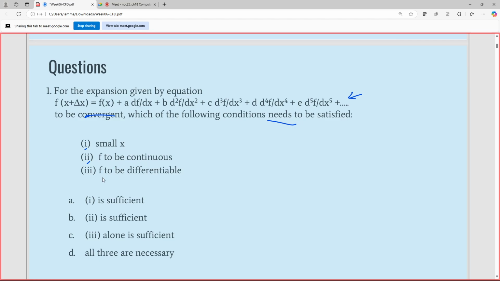Third condition: f to be differentiable. The options are: option A, condition 1 is sufficient; option B, condition 2 is sufficient; option C, condition 3 alone is sufficient; option D, all three are necessary. So you can inbox your answers.